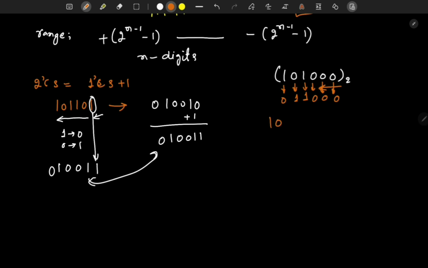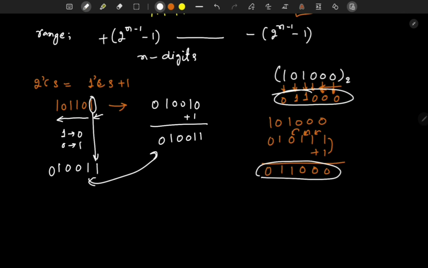We have the given number as 1, 0, 1, 0, 0, 0, and its 1's complement will be 1, 1, 1, 0, 1, and 0, and we have to add 1 to get the 2's complement. 1 plus 1 is 0 with a carry of 1, so 1 plus 1 is 0 with a carry of 1, 1 plus 1 is 0 with a carry of 1, so it is 1, 1, and 0. So you can see that this result is the same as the previous result.